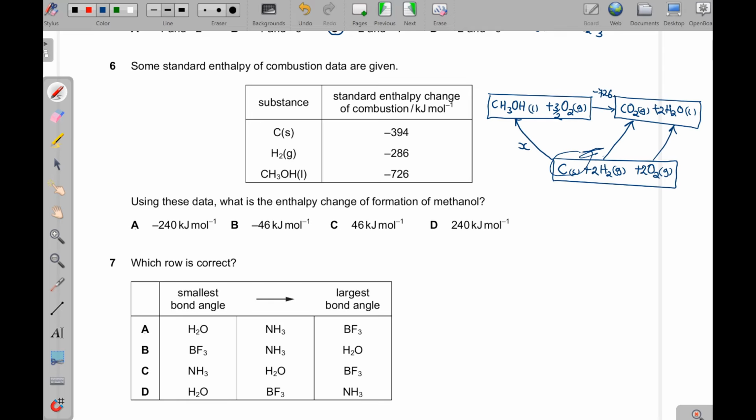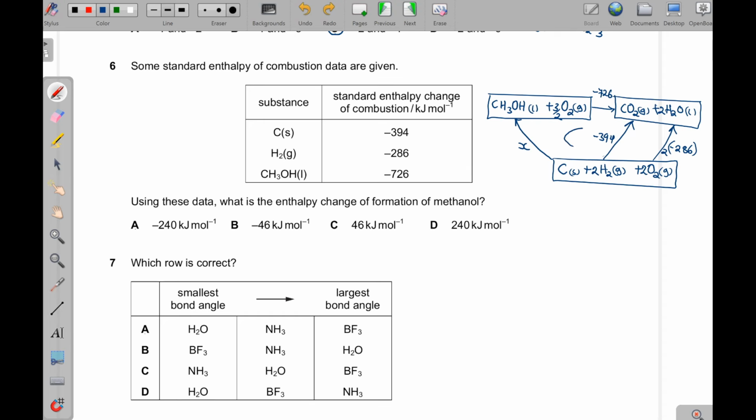Okay, so enthalpy of combustion of carbon is this one here, negative 394. You see that? And then enthalpy of combustion of hydrogen, okay, it is going to be negative 286, but I will multiply this one by 2 because I'm burning 2 moles of hydrogen here. You see that?